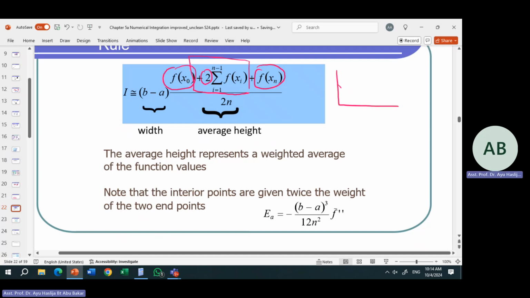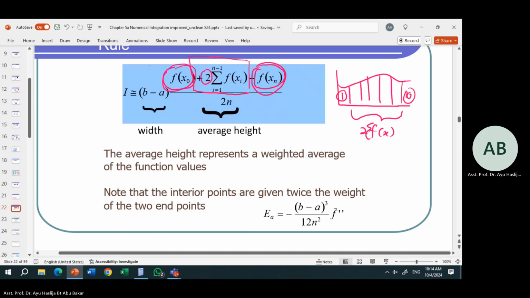Let's say you have, for example, 1 up to 10 segments. So here is the part where summation of the 2 f(x). The first f(x) and the last f(x) stand alone. The intermediate ones are multiplied by 2.